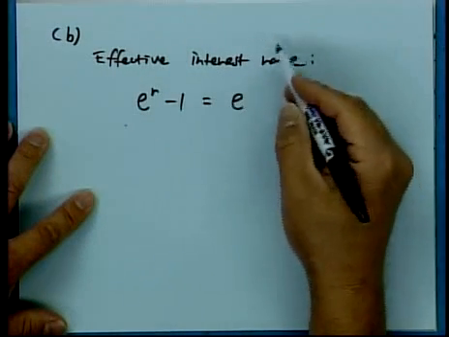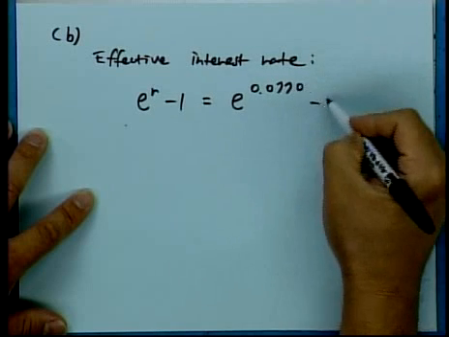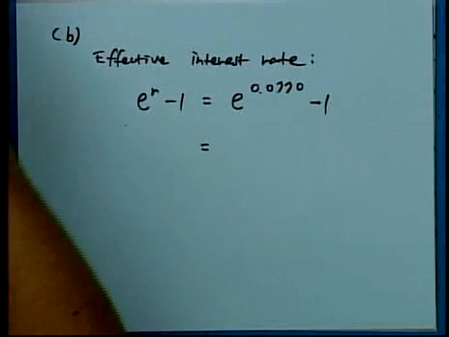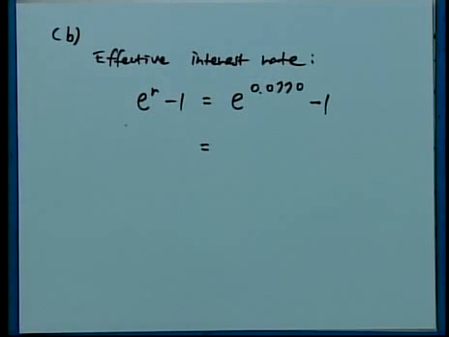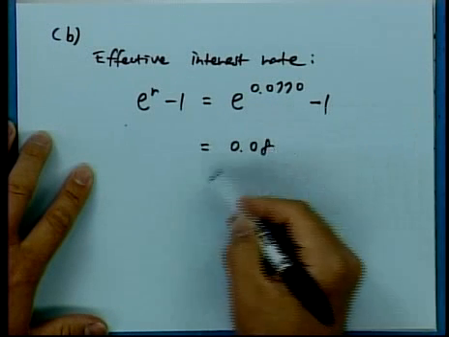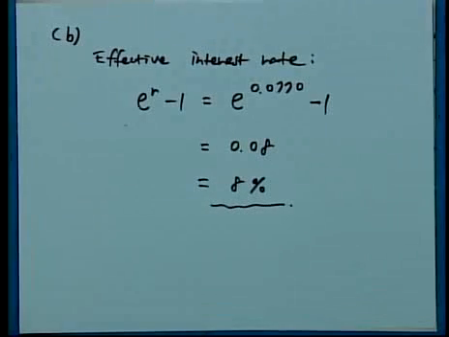So e to the 0.0770 minus 1. How much is this? It's 0.08. So 8%. That is the effective interest rate. Okay.